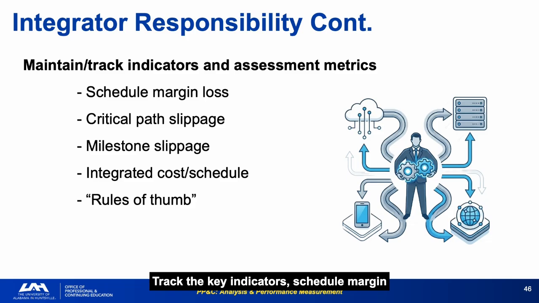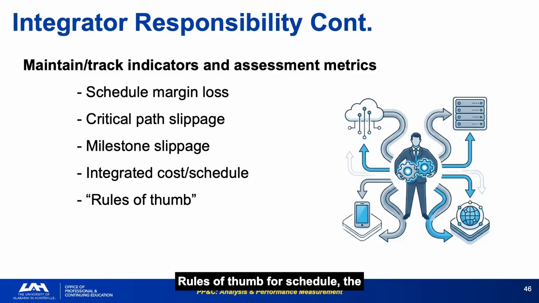Track the key indicators: schedule margin loss, critical path slippage, milestone slippage, integrated cost and schedule, and rules of thumb. Schedule margin loss is one of the most sensitive early warning metrics. If schedule reserves are being consumed faster than risks are being retired, the program is in trouble before any critical path slip appears.